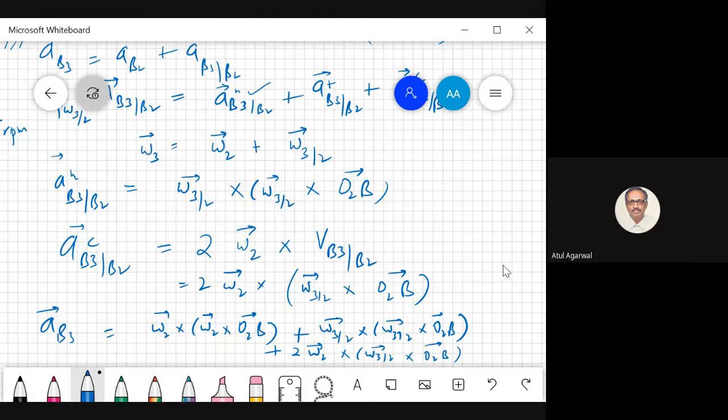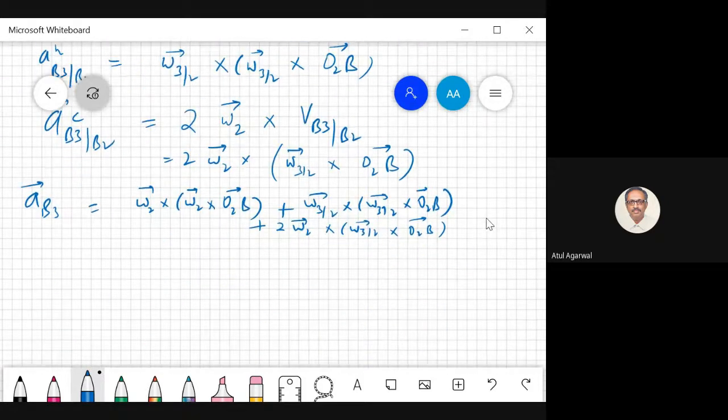Is it all right? The first term is the acceleration of point B2, which is fixed to the platform. The other is of that person going around, related to that. Absolute acceleration of B2 plus relative acceleration of B3 with respect to B2, while B2 is fixed to the platform and B3 is going in a circular motion with respect to the platform.